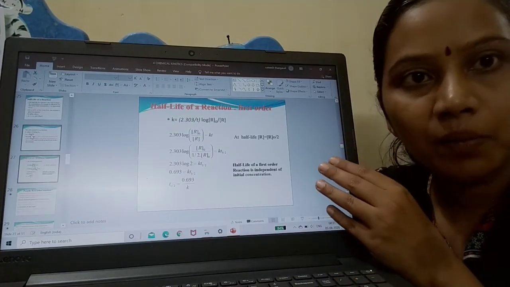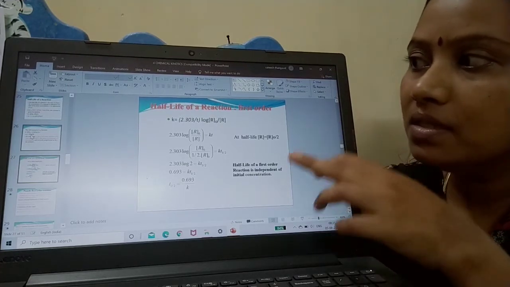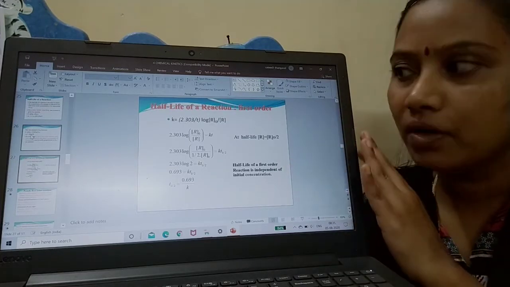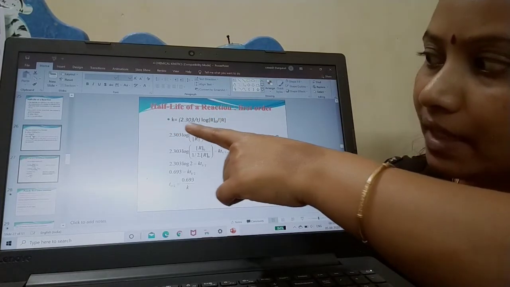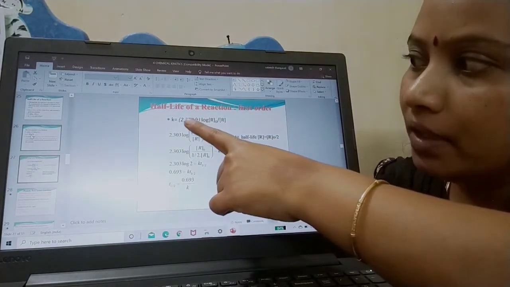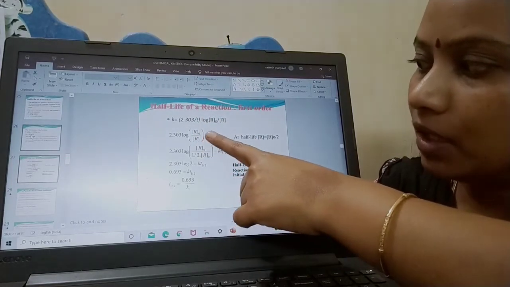Now I explained the zero order reaction. What happens to the first order reaction? What is the half-life of a first order reaction? We know this is the equation for a first order reaction: 2.303 log R0 by R is equal to Kt.